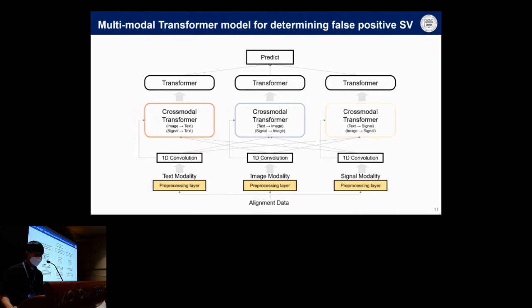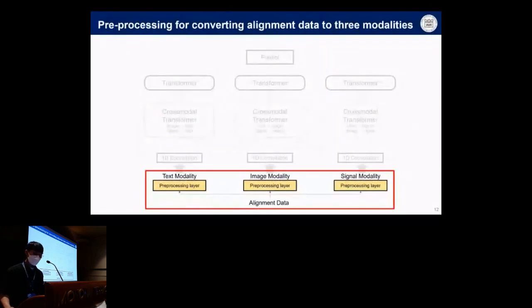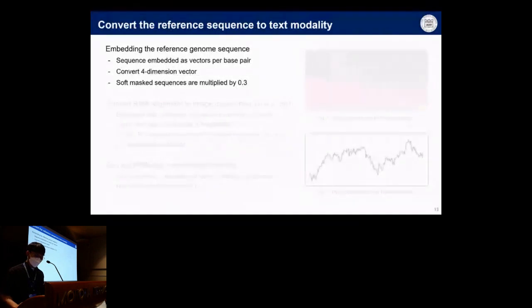This transformer architecture was suggested by Tsai et al. in 2019. At first, we pre-processed alignment data to convert it to text, image, and signal modalities. In the pre-processing steps, we embedded the reference genome sequence of the observed structural variation region.